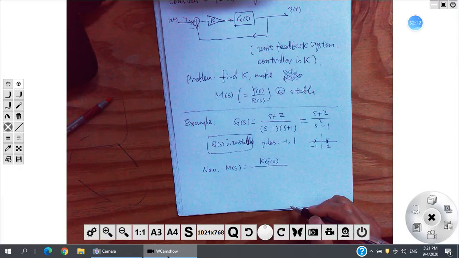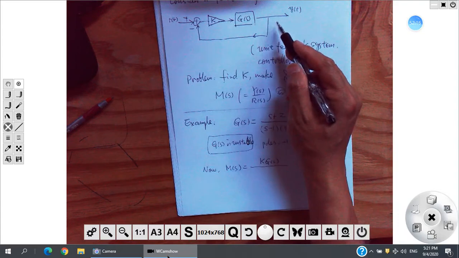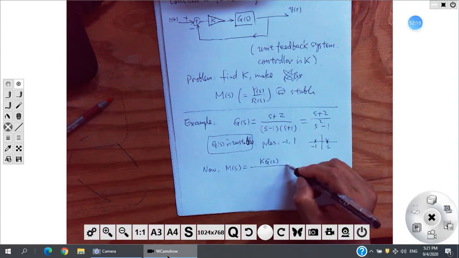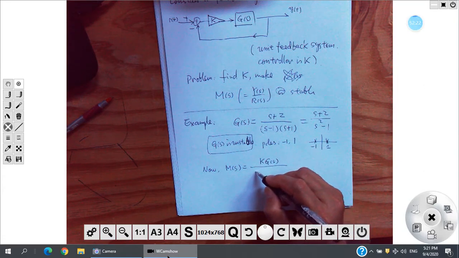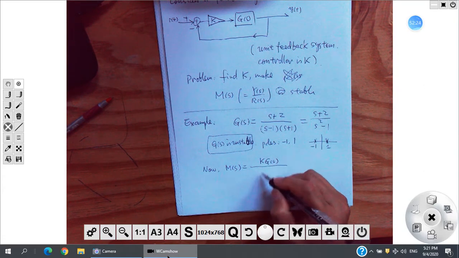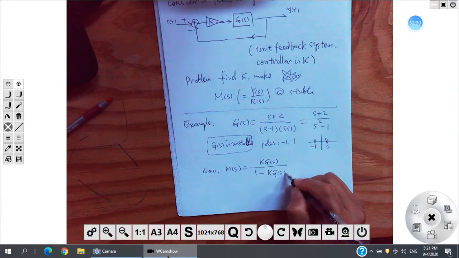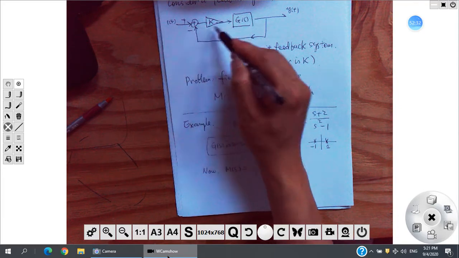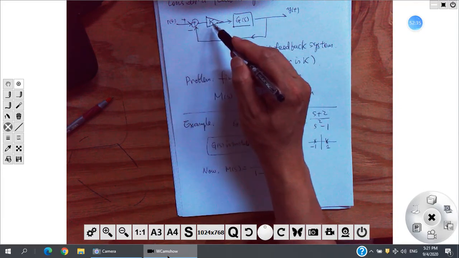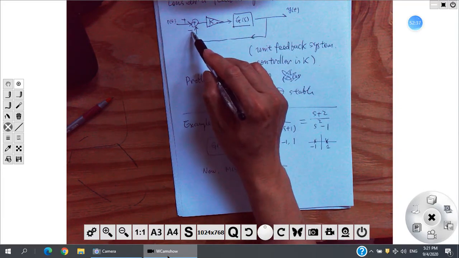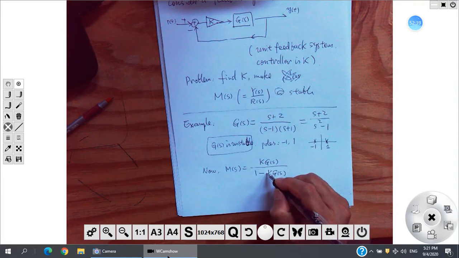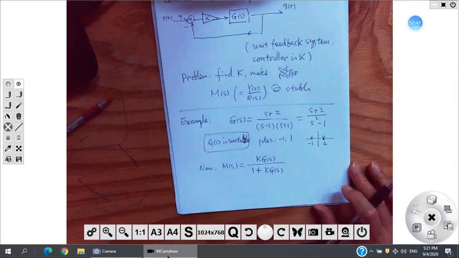This loop touches the forward path, so delta 1 is just 1, and the denominator will be 1 minus this loop. This loop is K times G, with a negative here. Along this path, K, G, and at this point is a negative, so I need a negative in front of it. So this is plus.